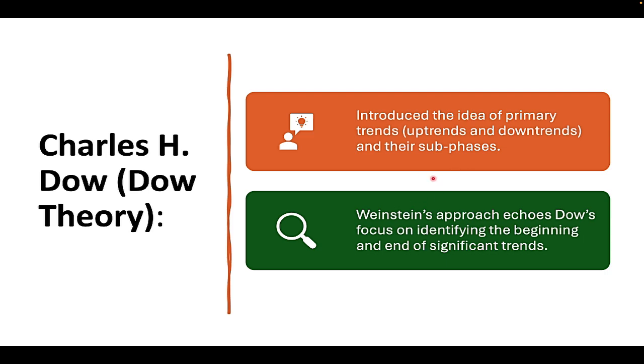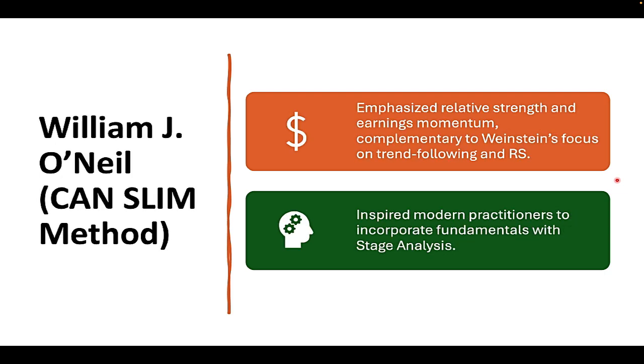So all these contributed, and now we have a clear idea of how we can apply the stage analysis. So our setup is influenced by all these giants and technical analysts who have worked over a good period of time.